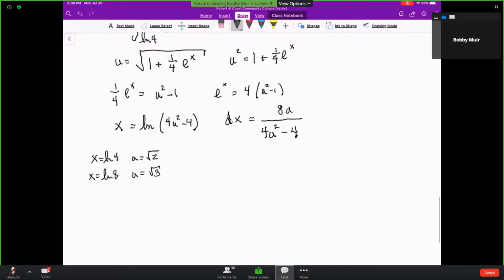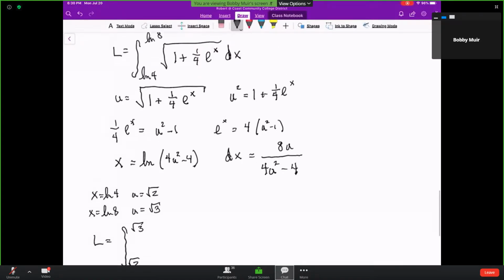Okay, so now my length is an entirely u integral. And then it's going to be u times this dx thing, which is 8u over 4u squared minus 4 du.